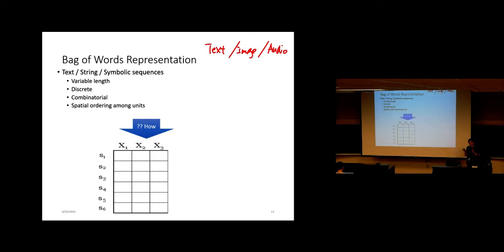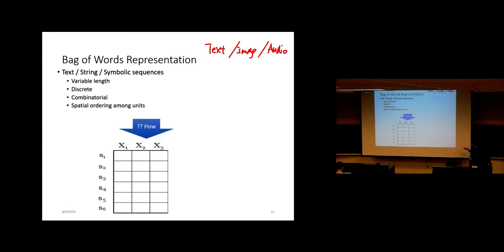When you handle image data, you can always use some kind of fixed size, fixed length and width, and then make sure all the examples have the same size. You don't have the variable length issue, because of the smoothness of the image itself. But for text data, you have to have some kind of pre-processing or some kind of model ability to handle the variable length issues.